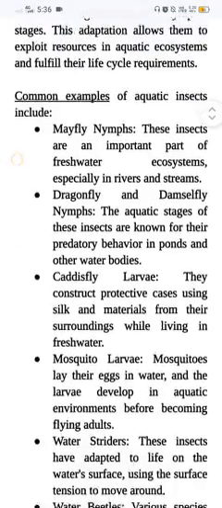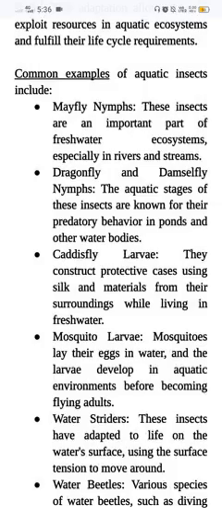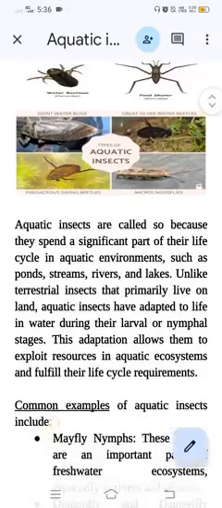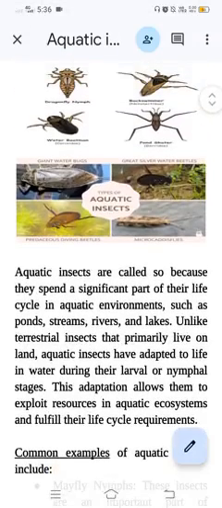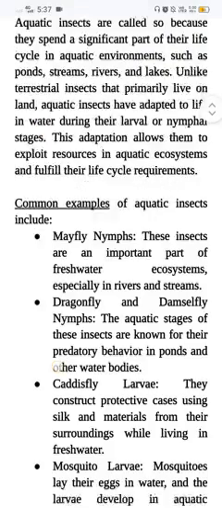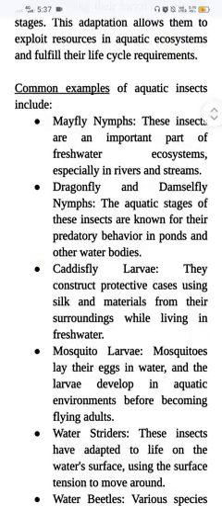Now, let's learn some common examples. We just saw their picture. So, once again, mayfly nymphs are there. These insects are an important part of freshwater ecosystems, especially in rivers and streams. And dragonfly and damselfly nymphs, the aquatic stages of these insects, are known for their predatory behavior in ponds and other water bodies.